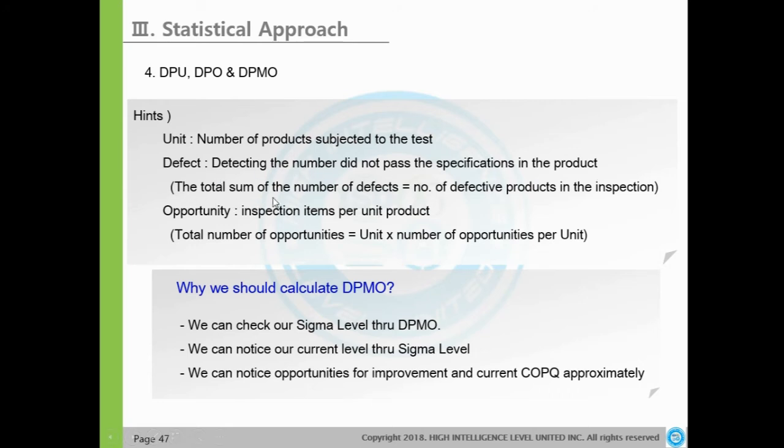The total sum of the number of defects equals the number of defects in the inspection. Opportunity is inspection items per unit product. Total number of opportunities equals units times number of opportunities per unit.